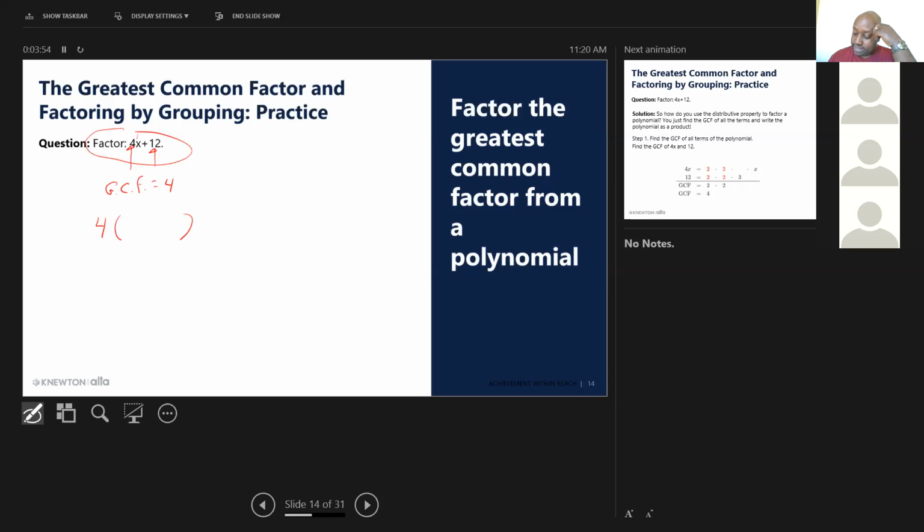I have an x here, and I don't have an x behind the 12, so I can't factor out an x. Now I ask myself, 4 times what would give me 4x? That's just x. And bring down my plus sign. And 4 times what would give me 12? That's 3. So when I factor 4x plus 12, I end up with 4 times parentheses x plus 3.